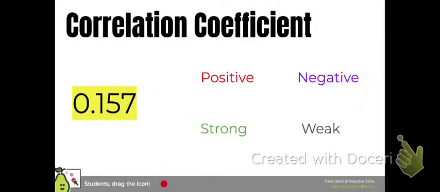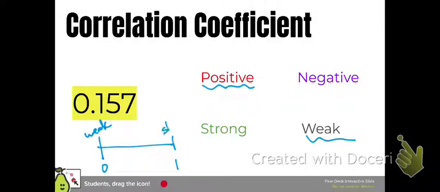How about this one? Positive or negative? Positive. Weak or strong? This is weak. So since it is positive, it's going to go from 0 to +1. This is weak at 0. Further away it gets, stronger.